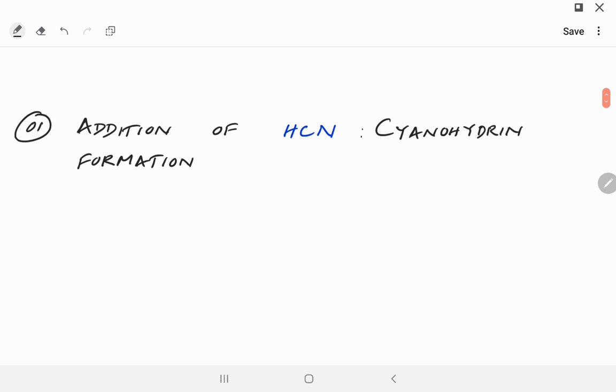For this reaction, of course, you are going to need an aldehyde or a ketone. Aldehydes are more preferred, I would say, because they are less crowded. Usually reactions are faster with aldehydes, because the aldehyde carbonyl carbon is less crowded.